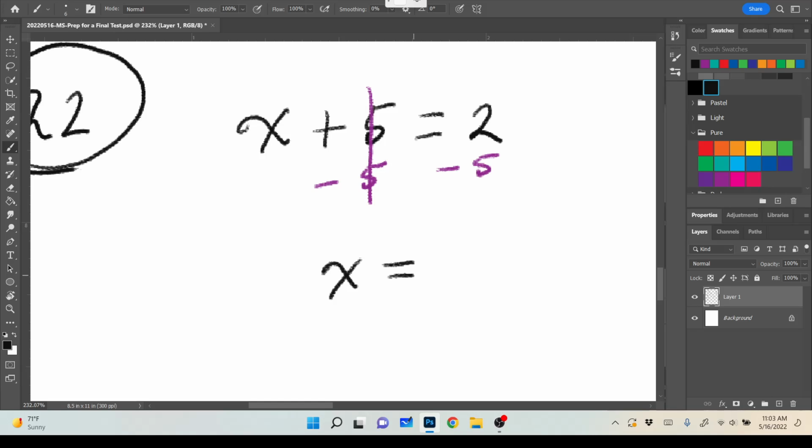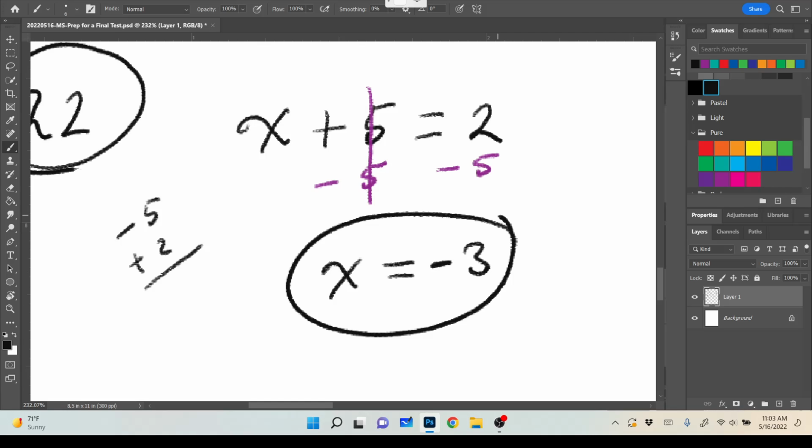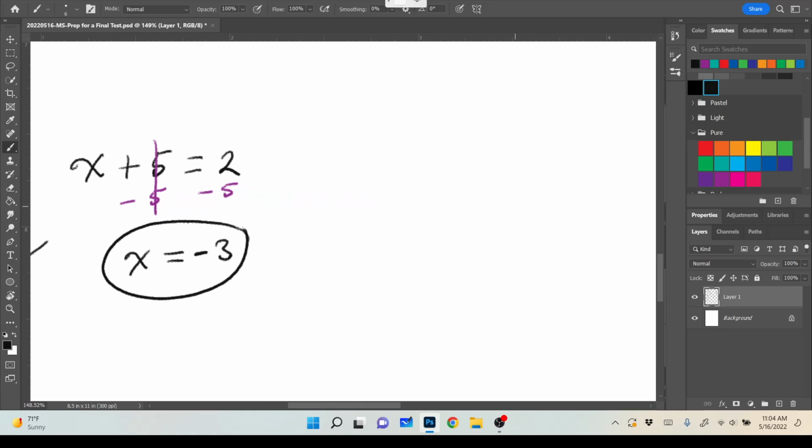What's 2 plus negative 5? You're going to add or subtract? Signs the same or different? They're different, so we're going to add or subtract? Subtract, so what's 5 minus 2? 3 is going to be positive 3 or negative 3? Negative 3, why? Why is it negative 3? There you go.